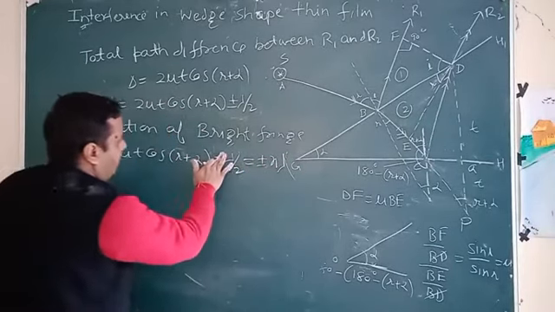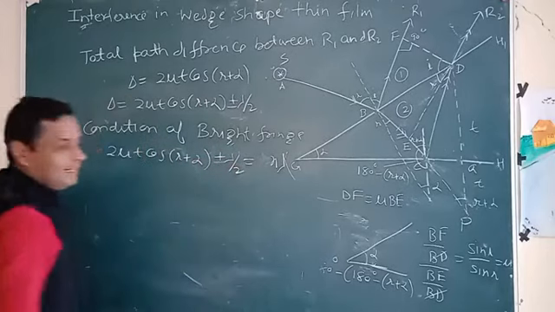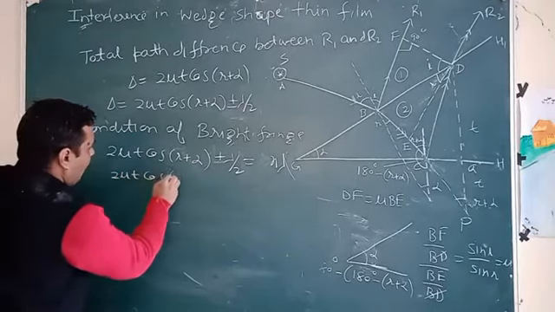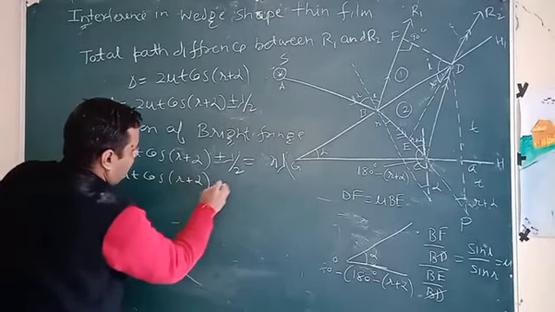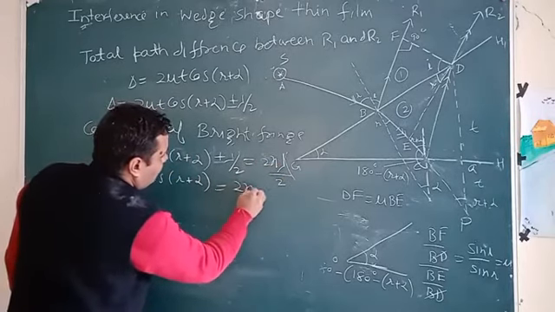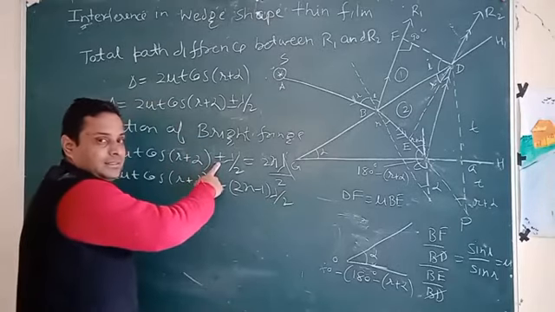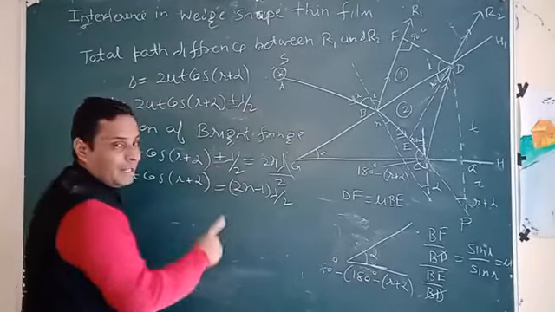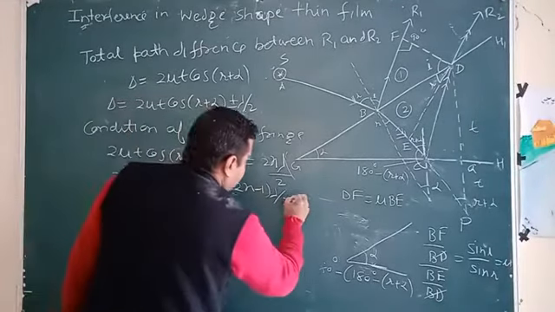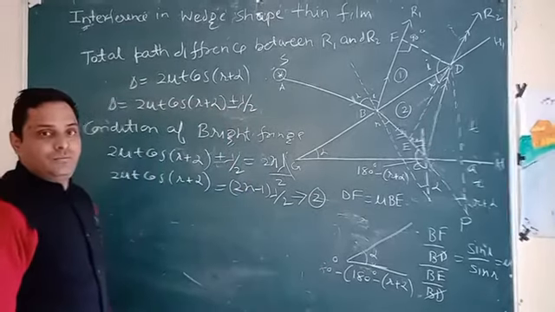If we take the plus, then 2 mu t cos(R plus alpha) is equal to (2n minus 1) lambda by 2. If negative, then it is (2n plus 1) lambda by 2. Understand? Now this is the condition of bright fringe.